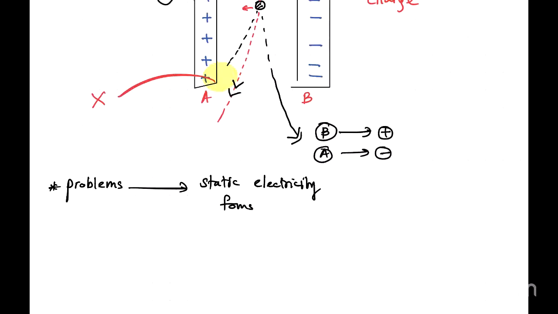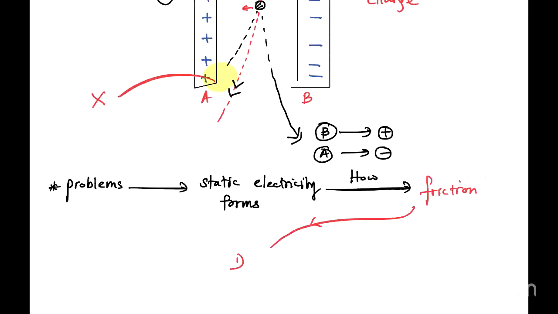If the static electricity forms, then there will be a problem. How is it going to be formed? The main reason is friction, right? So now address the problem.